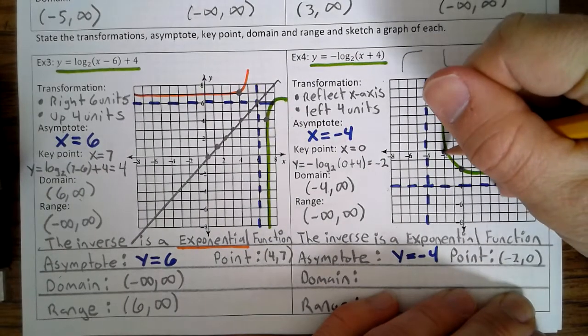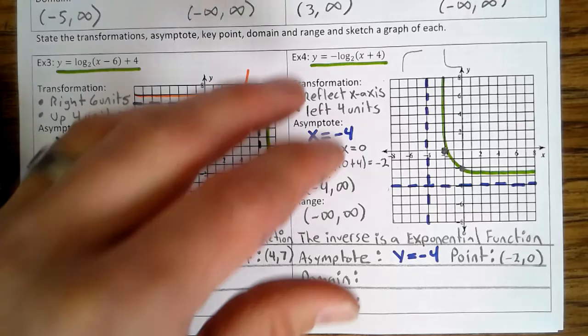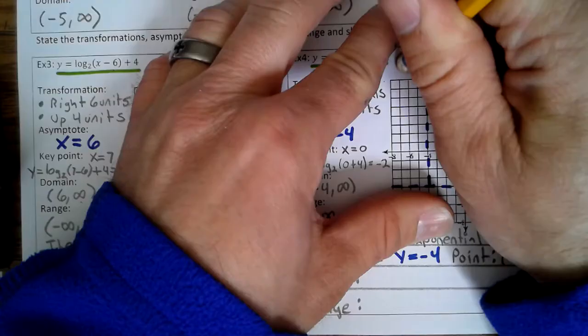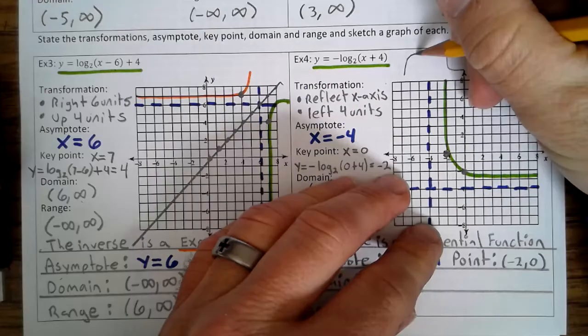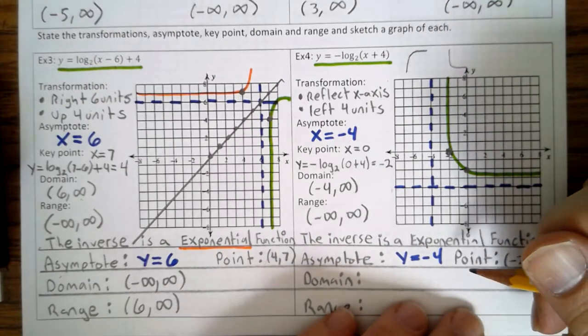All right. Now we know exponential normally goes like this, but because we're taking the inverse of something that's reflected, it's like that.